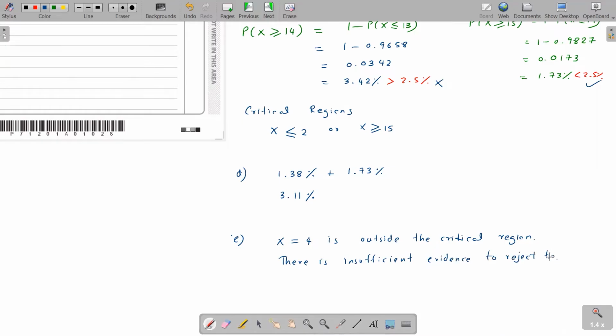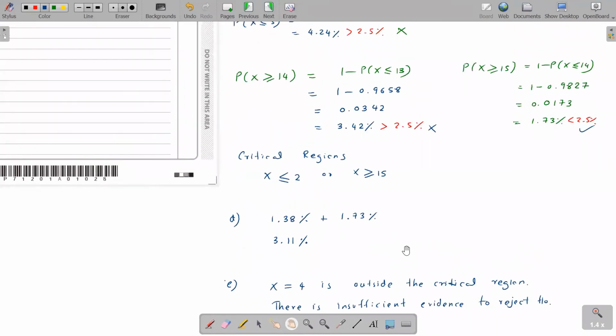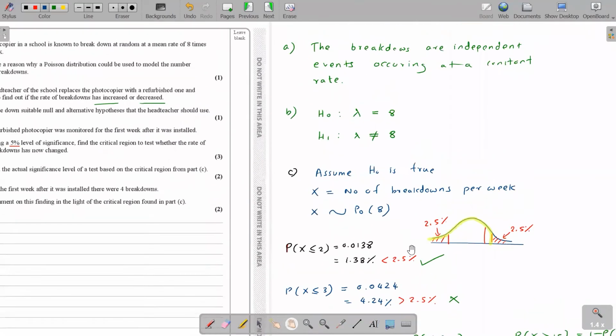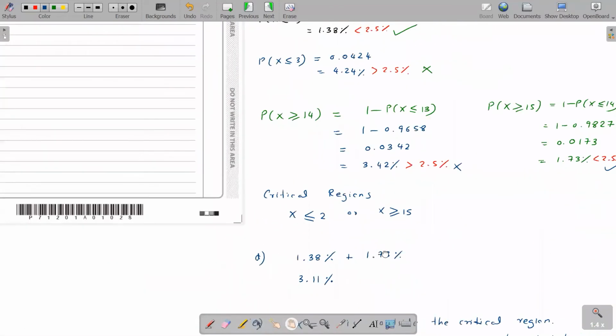That means we can't reject the null hypothesis. In other words, we don't have enough evidence to say the breakdowns have increased or decreased. Basically, there is no evidence to say that the refurbishment has changed the breakdown rate.